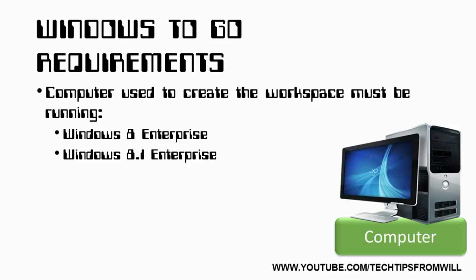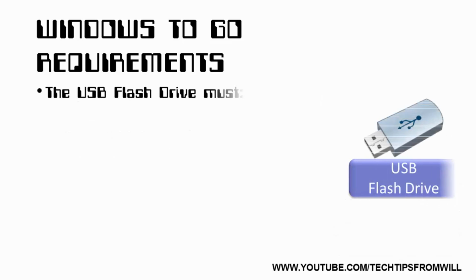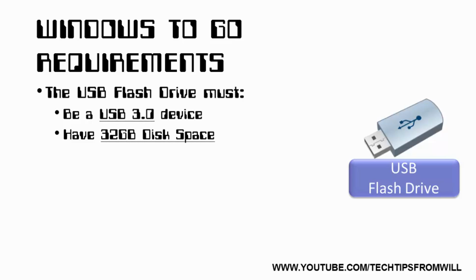No other version of Windows can create a Windows to Go workspace. Secondly, the USB flash drive you use must be a USB 3 device, must have at least 32 GB of disk space, and must be certified by Microsoft.